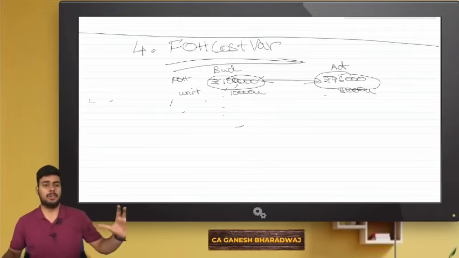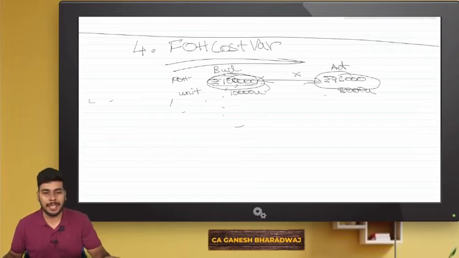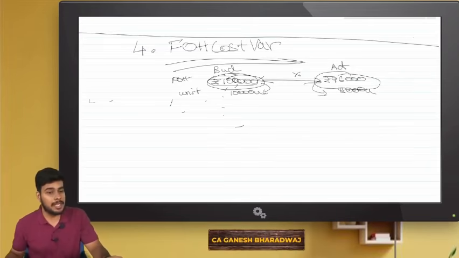Okay, fine. So what one student is saying is that this 1 lakh cannot be compared with 96,000. Reason: this 1 lakh pertains to 10,000 units, but this 96,000 pertains to 8,000 units. But what is the nature of fixed cost?